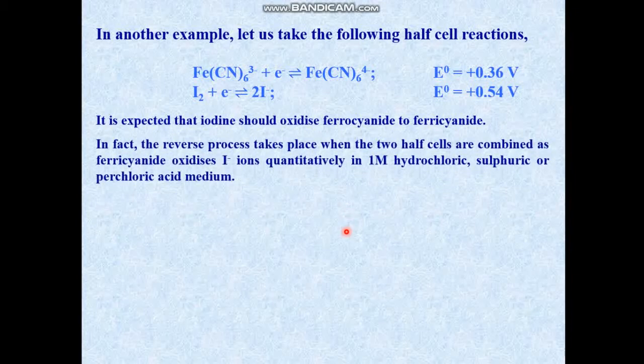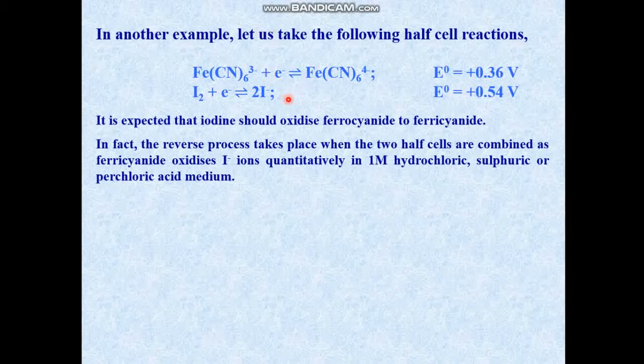In fact, in reality, what happens? The reverse process takes place when the two half cells are combined, as the ferricyanide oxidizes iodide ions quantitatively in 1 molar acid solutions. That acid may be hydrochloric acid, sulfuric acid or perchloric acid.